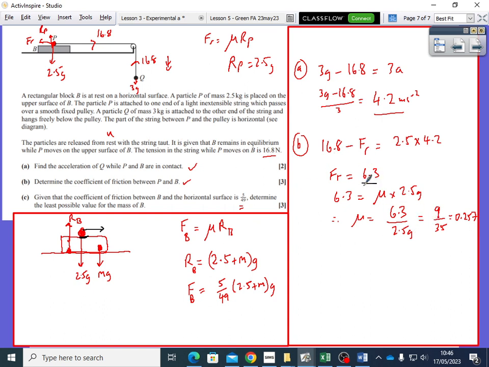The friction is being pulled, so that particle there is being pulled with 6.3. Okay, that as I said is pulling it from there, so that's the only thing. Note that we don't take into account the tension here, because that's just being pulled on the particle. This is the only thing which is in contact with the block.